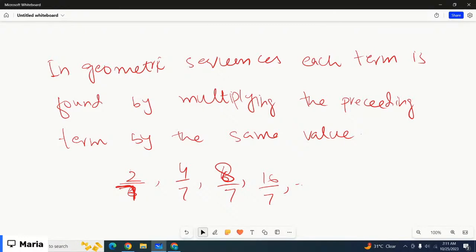And numerator is increasing by what value? 2 times 2 is 4, 4 times 2 is 8, and 8 times 2 is 16. That means the numerators are multiplied by 2 each time. So for the first one, you need to do 2 over 7 times 2. That would be 2 times 2 is 4. You get 4 over 7, right?